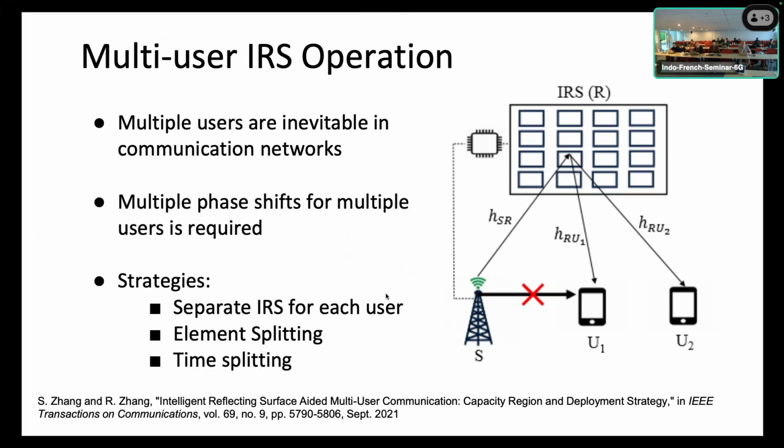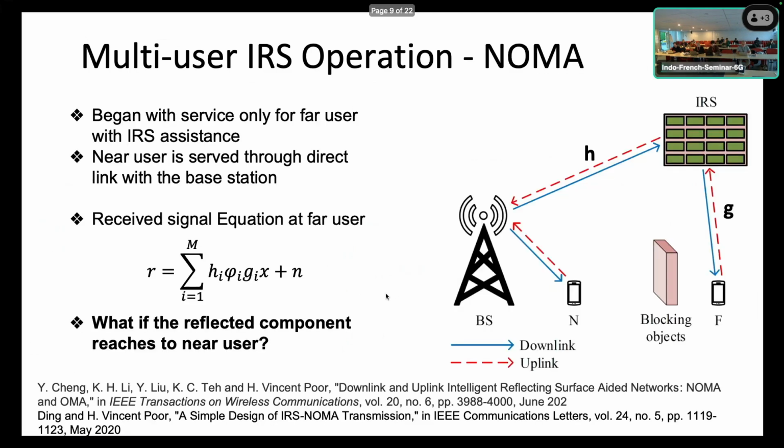So how can we serve these two users, or maybe more? We need to set the phase shift matrix for each of these elements in such a way that we can maximize the received power at both users. The simplest scenario in this type of system is non-orthogonal multiple access, where we have a single signal that is a combination of two signals through different power allocation coefficients.